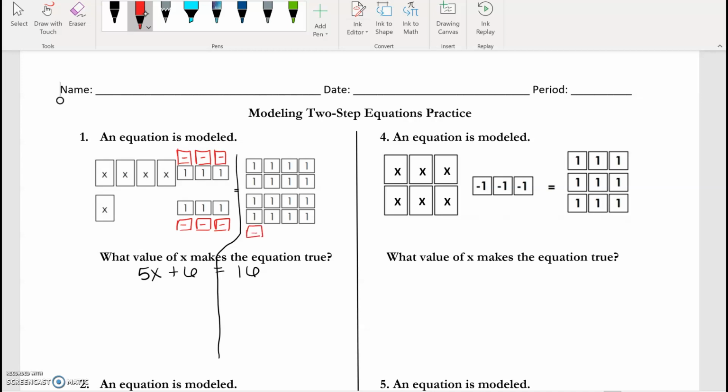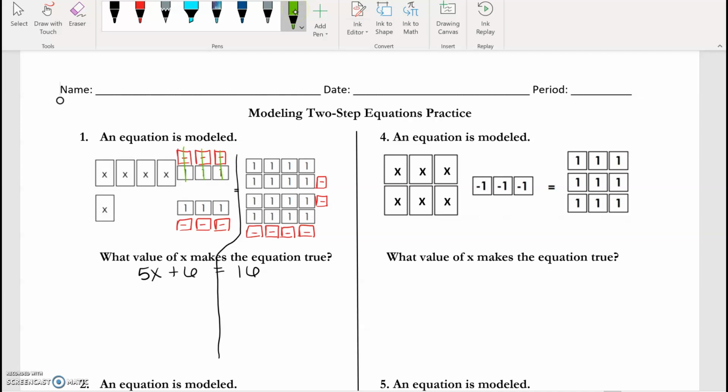So 1, 2, 3, 4, 5, 6. Since I have a positive and a negative, those cancel.